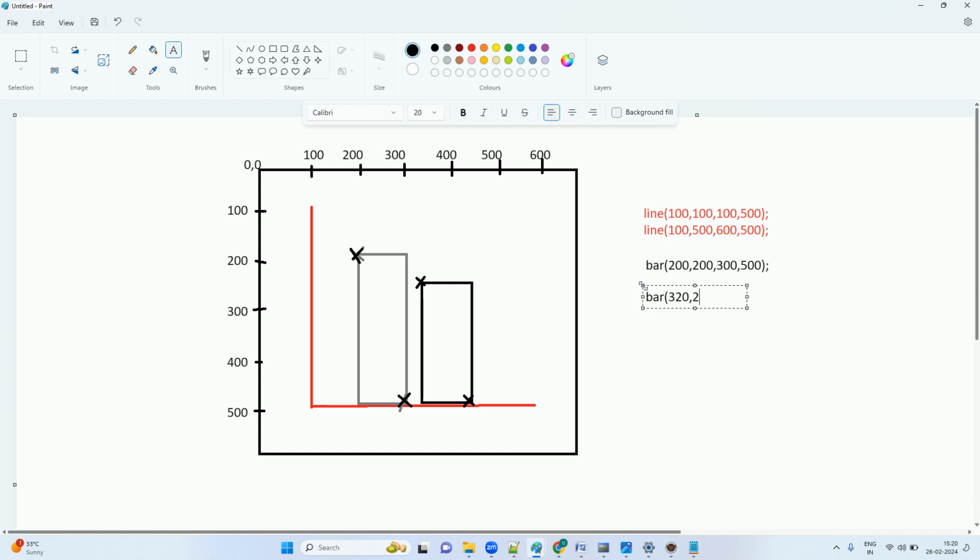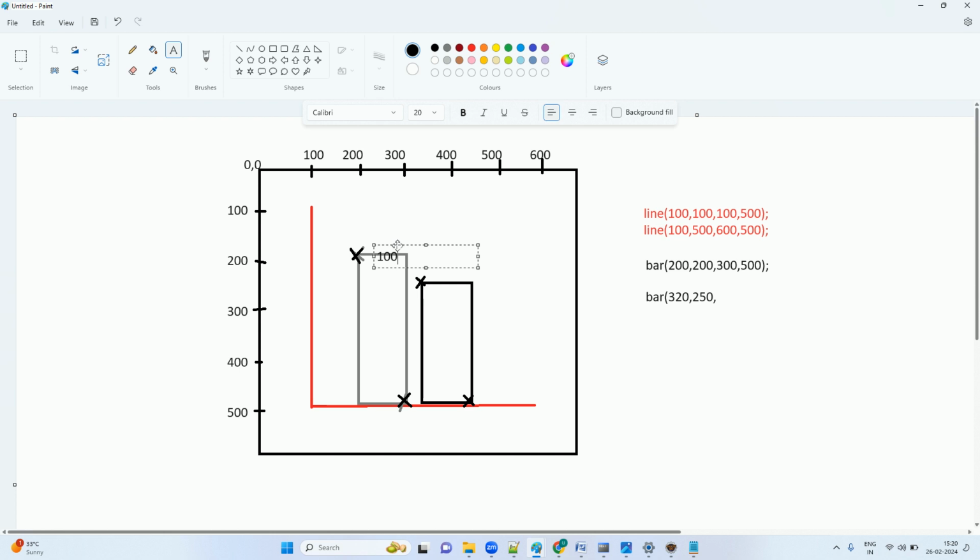Let's keep it 250. This is 250, okay? And now the width is same. Width is how much? 100. So 220 plus 100 means fill will end at 320. What is the width of this? 100 to 200. So give the width of each bar same.